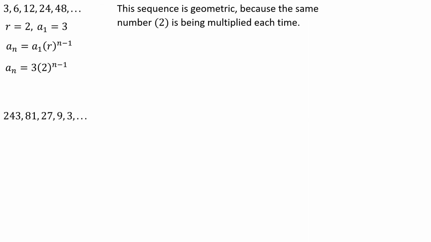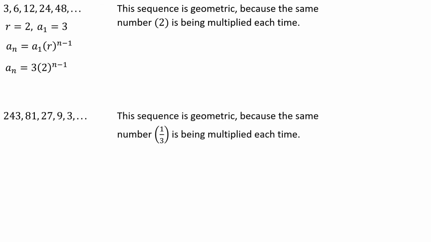Okay, new example, new list, new sequence. 243, 81, 27, 9, 3. So we keep multiplying by 1/3. Now, if you're thinking that we're dividing by 3, you're a pretty normal person, but a mathematician would say, no, we're multiplying by 1/3.